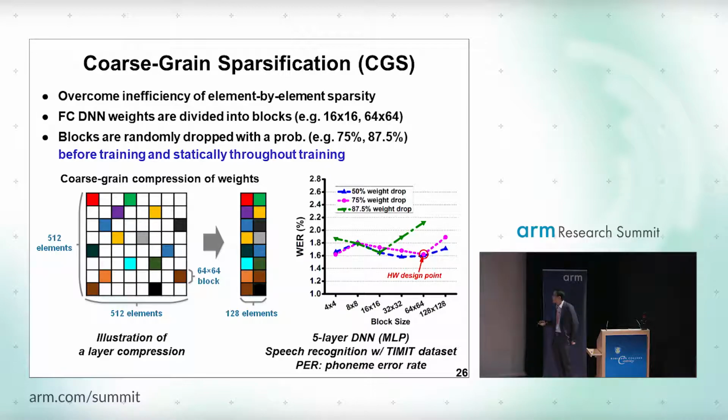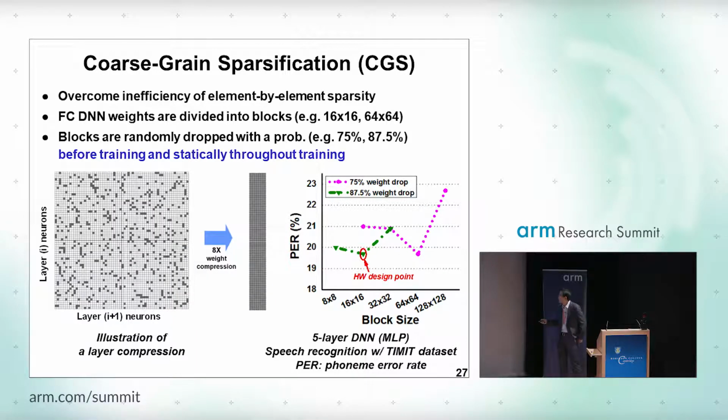Obviously, we want higher weight drop and higher block size, but we don't want to necessarily sacrifice the WER, or classification accuracy. So here is one of the data points, and then we also try this in a different MLP for the TIMIT database, and in the y-axis here, we're reporting the phoneme error rate, and this is the actual matrix that we randomly selected and trained, and at the end, we can get 8x compression with minimal index, while not really sacrificing the PER.